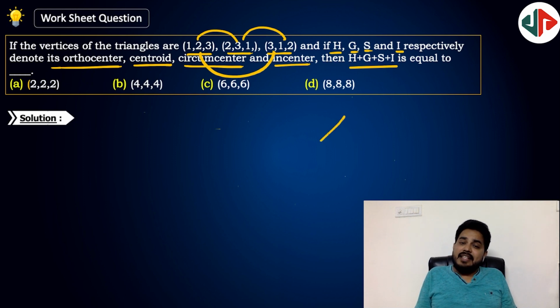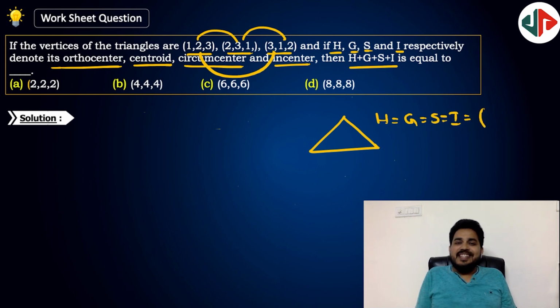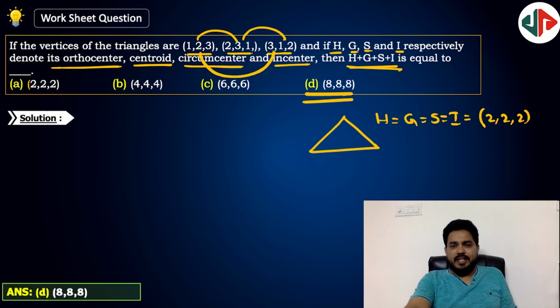Means this triangle is going to be equilateral. That means H equals G equals S equals I equals the centroid of this triangle: 1 plus 2 plus 3, 6 by 3, 2 comma 2 comma 2. So when I add these, you will get the answer as 8 comma 8 comma 8.